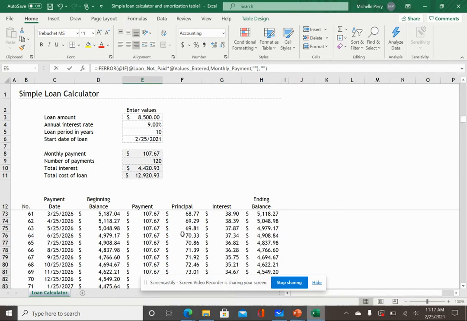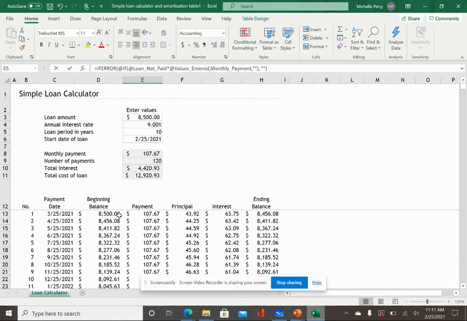And here we go. What I'd like for you to pay attention to is the information given below the parameters that we inserted. Number one, that first payment.